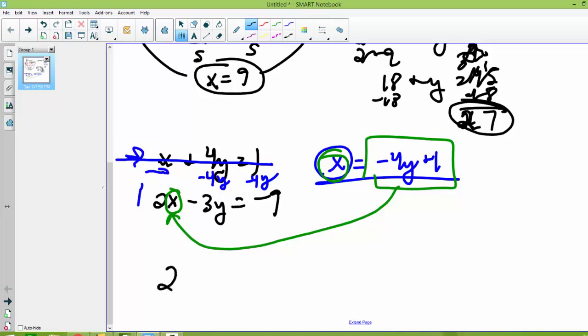So 2, and then instead of x, we are putting in the negative 4y plus 1. And then you're going to continue writing the rest of this equation. Minus 3y equals negative 9.